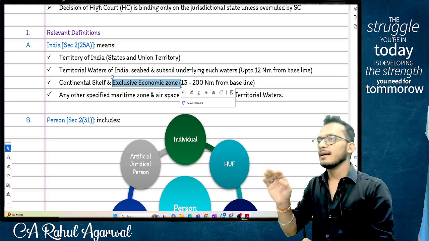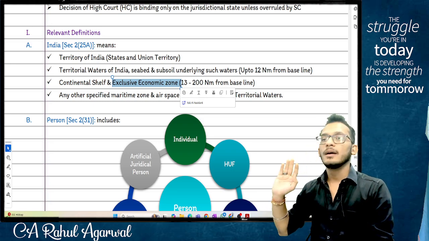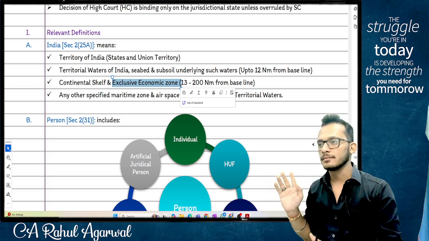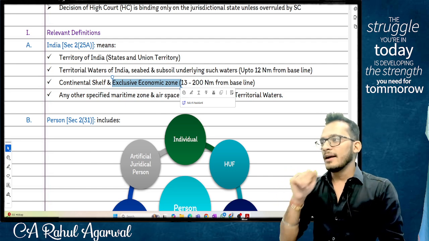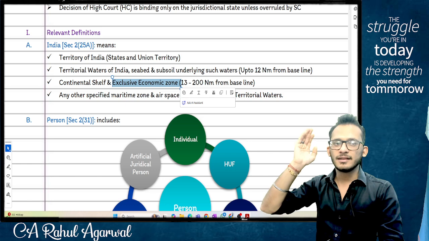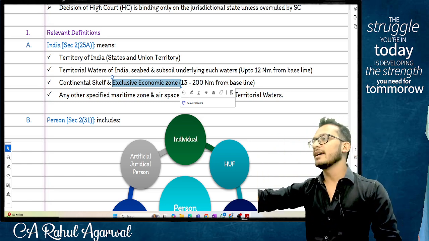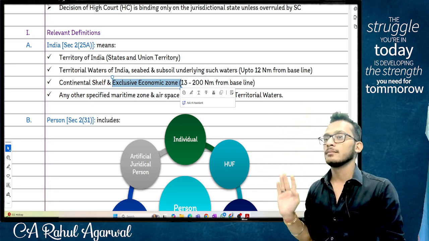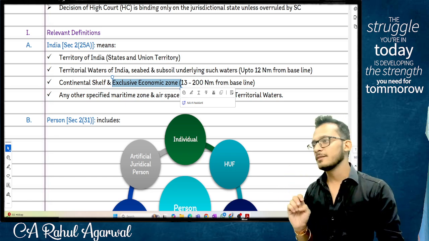Yes. Technically, from India's perspective, beyond 12 nautical miles, it is called international waters. You are not permitted to walk there without a valid visa. You would have seen these movies, the Chennai Express and all those things. If you move from the little place outside India, you are in international waters. They'll catch hold of you and put you in jail as if you are a spy agent of another country.